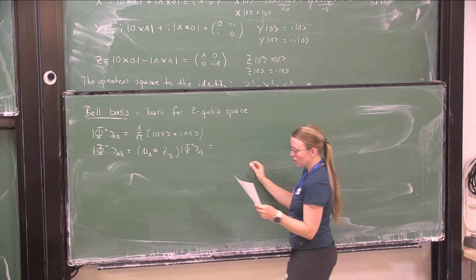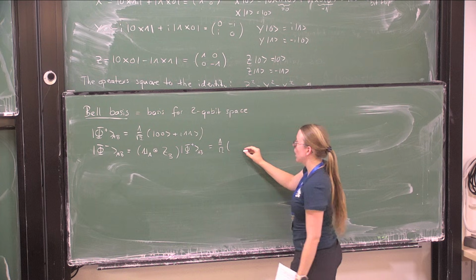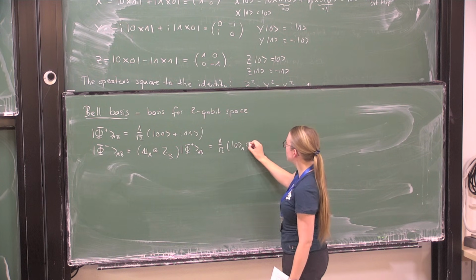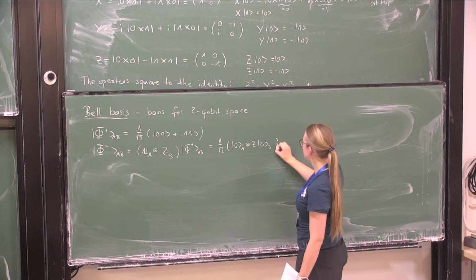If you do that, if you write this out, you can see what happens is, on A nothing happens, and then on system B, I apply the Z operator.